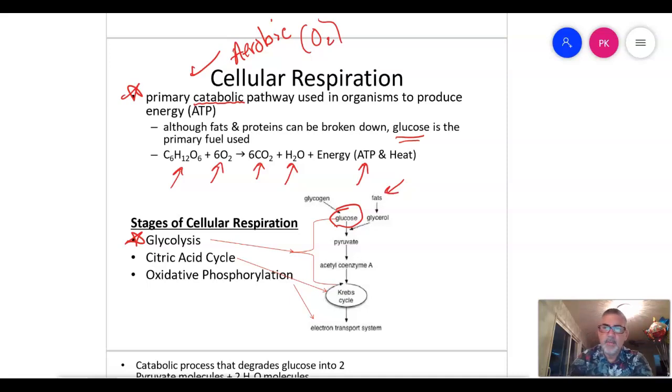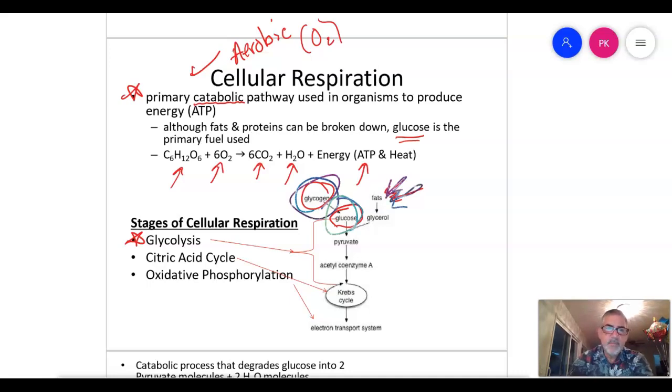So I can use fats, but only if I run out of glycogen and glucose. So I have to use these first before I can use my fats, okay?